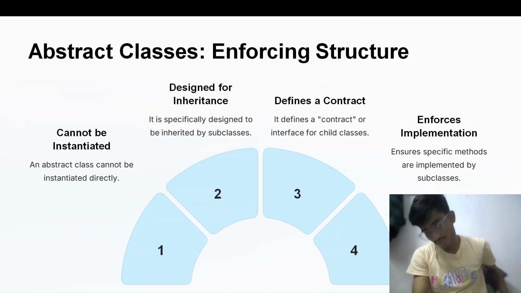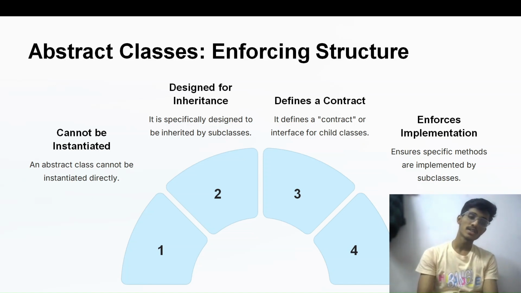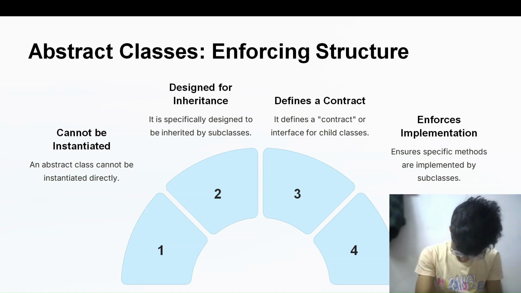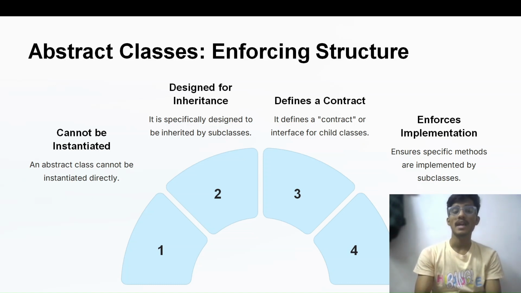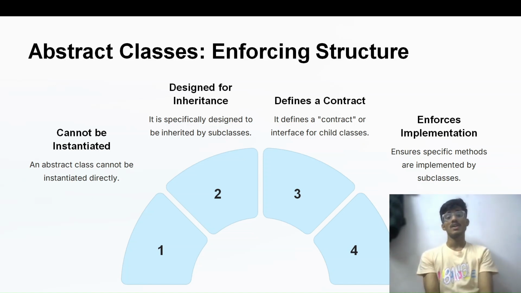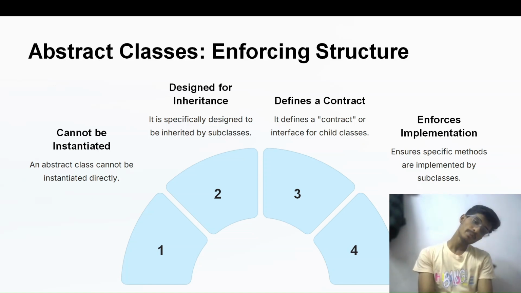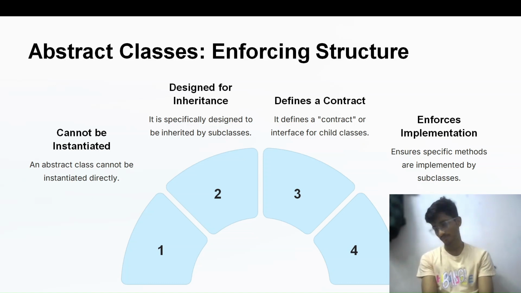Let's come to the abstract class. The first thing about an abstract class is it cannot be instantiated directly. It is only designed for inheritance, to be inherited by a subclass.